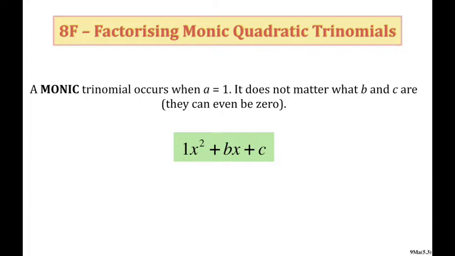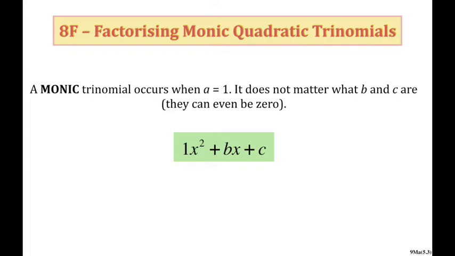Now, a monic quadratic trinomial, well, trinomial, three terms. Quadratic has to have an x squared. Monic means in front of the x squared, it's the number 1, and we normally don't write the 1. So we just have x squared plus bx plus c. That's a monic quadratic trinomial.